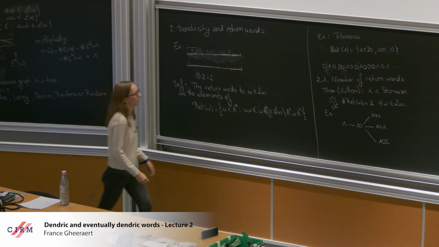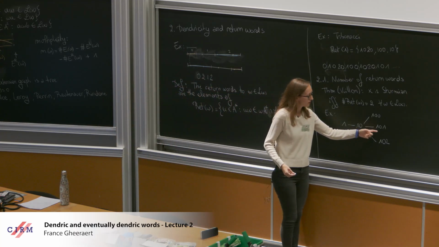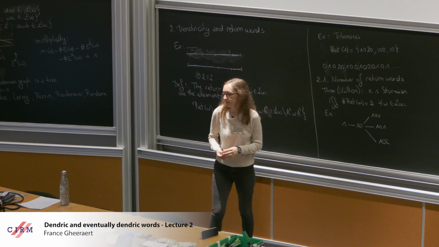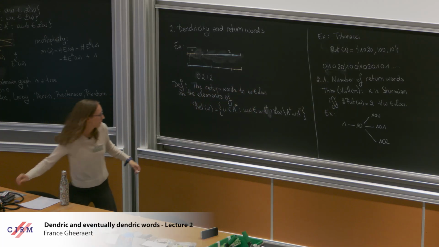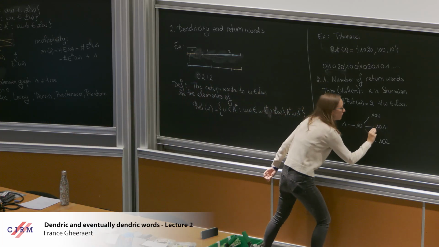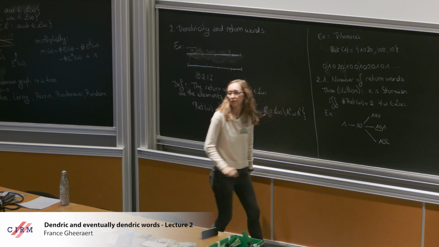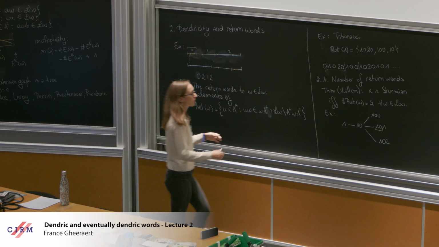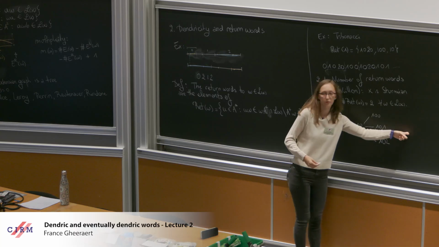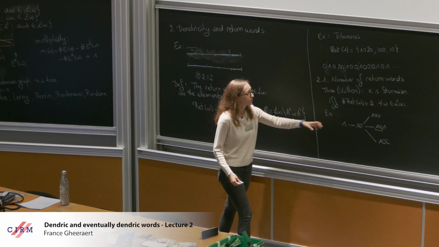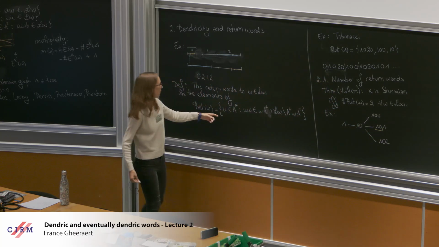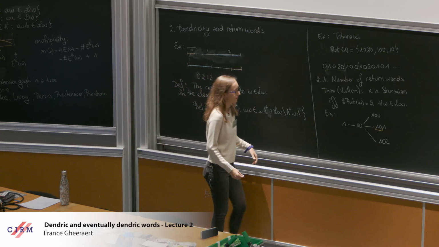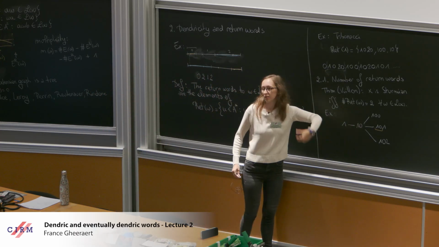But you see that in the second case, I saw another occurrence of 1. So I know that this thing here is a return word to 1. And I also know that it's pointless to keep looking at extensions of this because I will have 2 occurrences of 1, and so I will not get any more return words. But the other 2 branches, I still have to keep going.